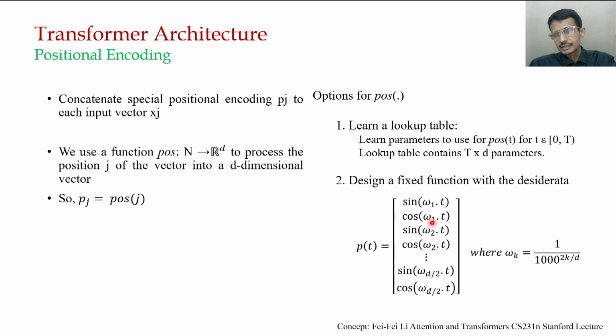Generally P of T is sin omega 1 T, cos omega 1 T, sin omega 2 T, cos omega 2 T, and so on, where omega is 1 by T. So this is the basic architecture from where we get the positional information of the words or tokens within a sentence.